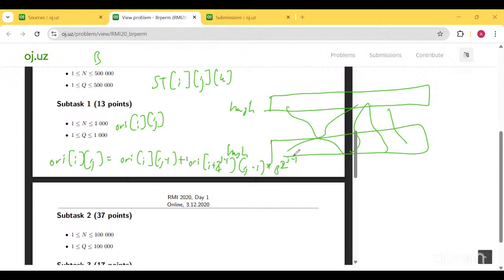So let's pre-compute f_x. For example, f_x is b to the 2 to the x. We can easily do this. f_0 is equal to b, and f_x is equal to f_(x-1) squared. Is it correct?